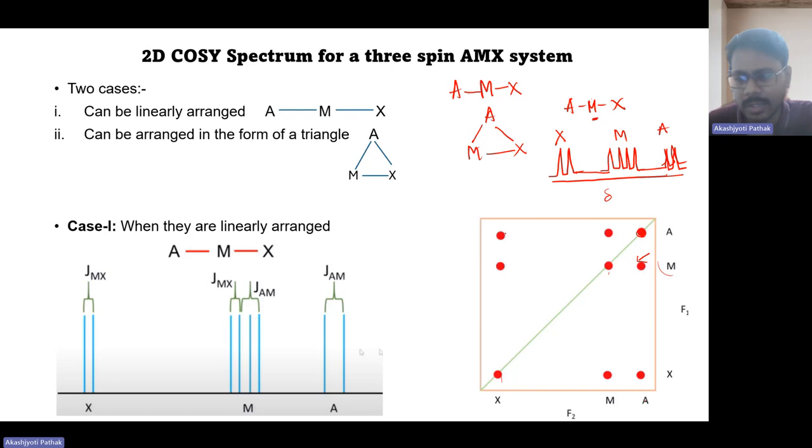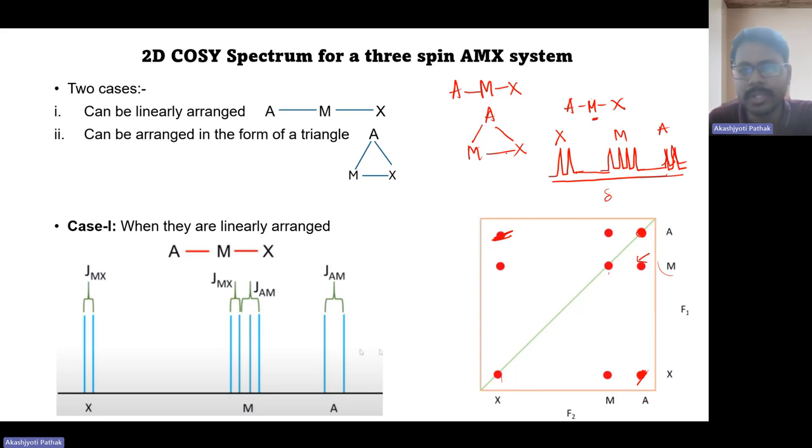I think there is some mistake in this figure. These peaks will not be there, because A is only coupled to M, right? It is not coupled to X, so you will not get these peaks.